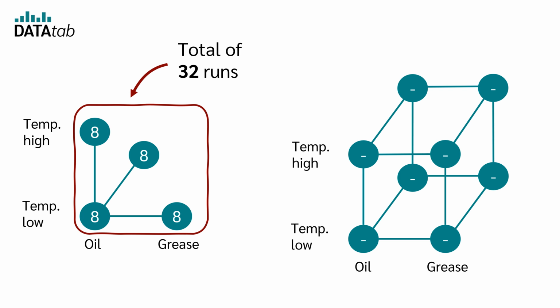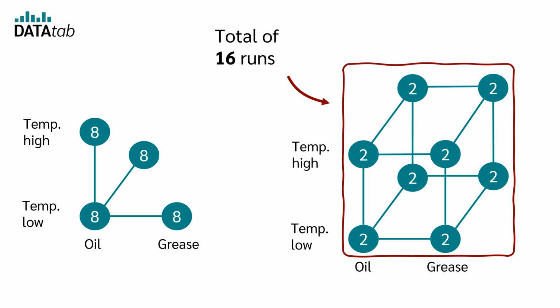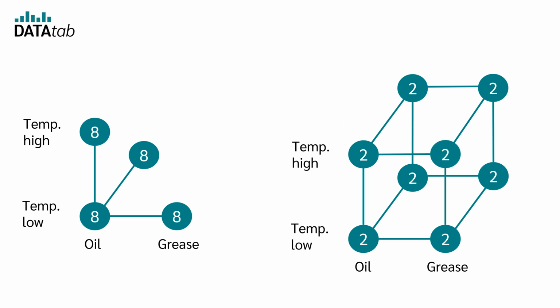If we test one of the 3 factors at a time, we need 32 runs. If we now run 2 experiments for each combination in a full factorial design, we still only need 16 runs. However, for each factor we still have 8 tests per factor level. For example, for the lubrication factor we have 8 runs with oil and 8 runs with grease.